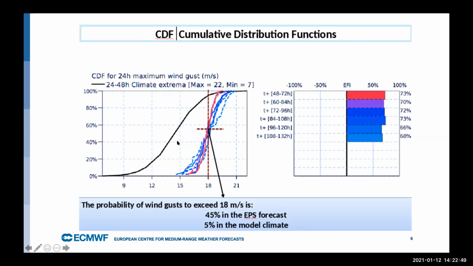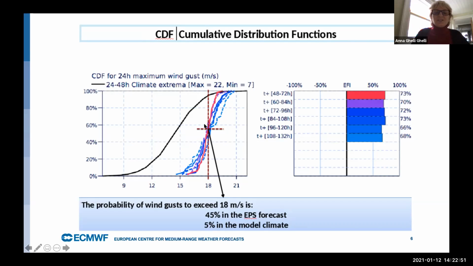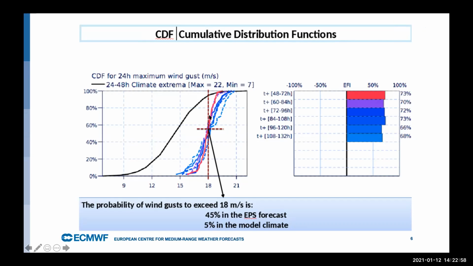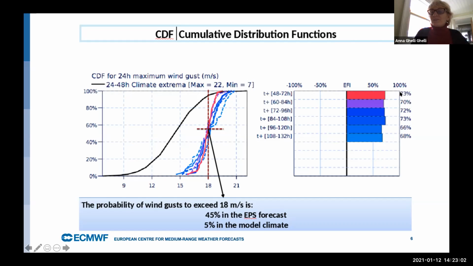Yeah, that's correct. The distance between this forecast and the red one will be the EFI, and in this case we have a value of 0.7 or 73%, whatever. How bent or not bent the curves are gives you the range of values predicted by the ensemble.